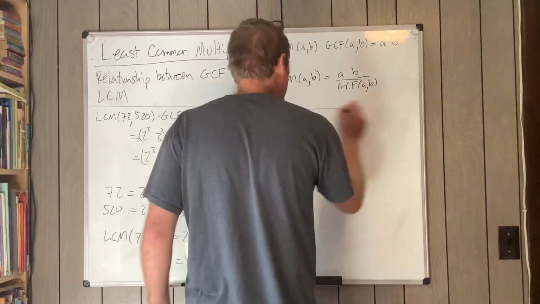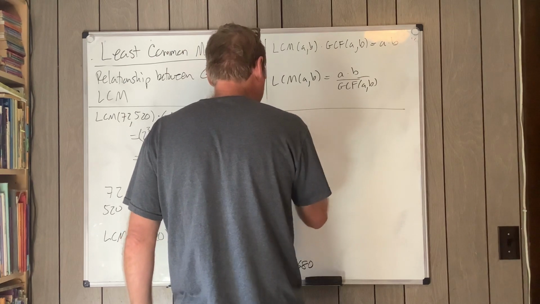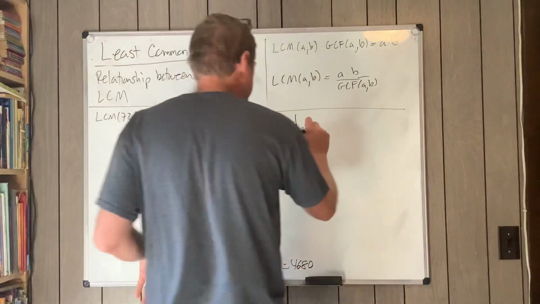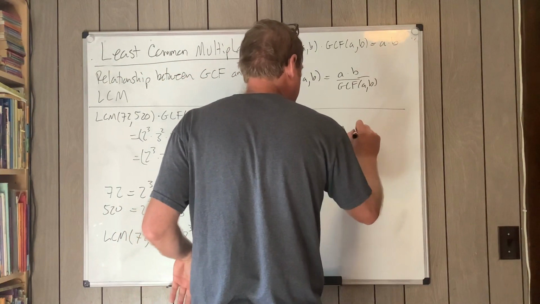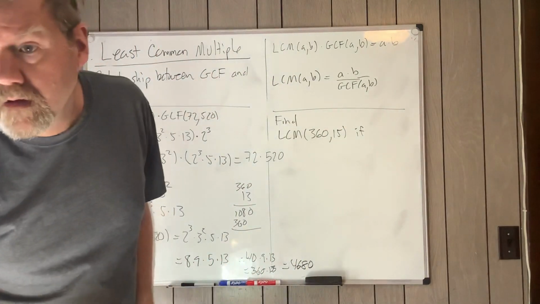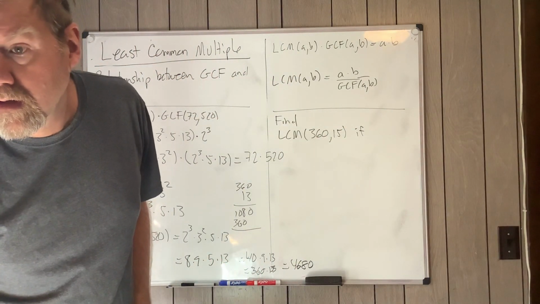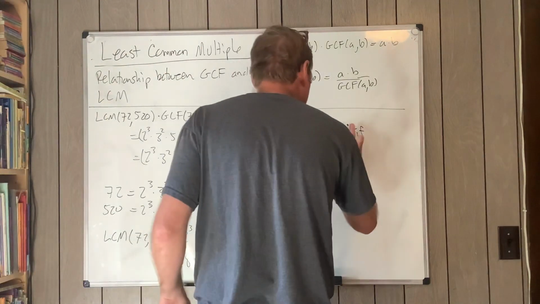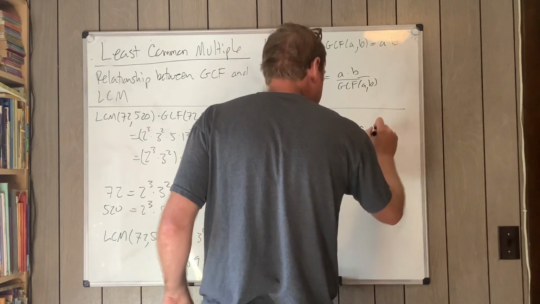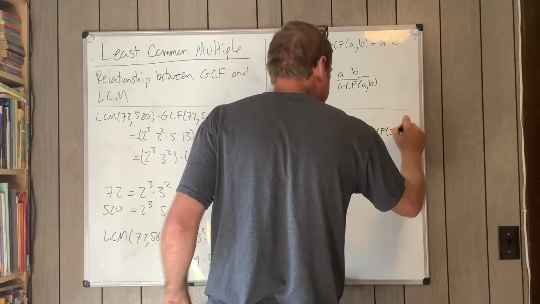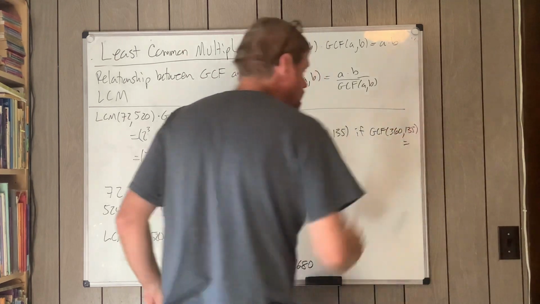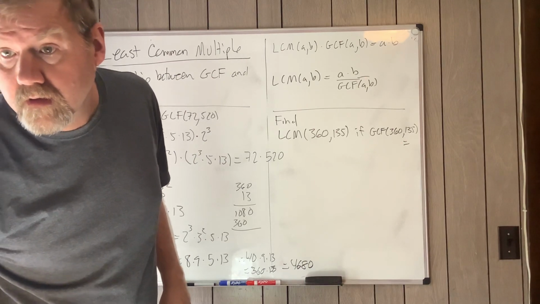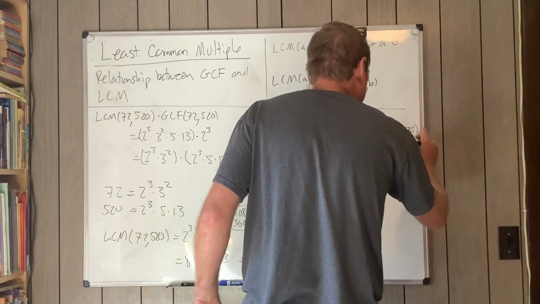So find the lowest common multiple of 360 and 135, if the GCF of 360 and 135 is known and is 45.